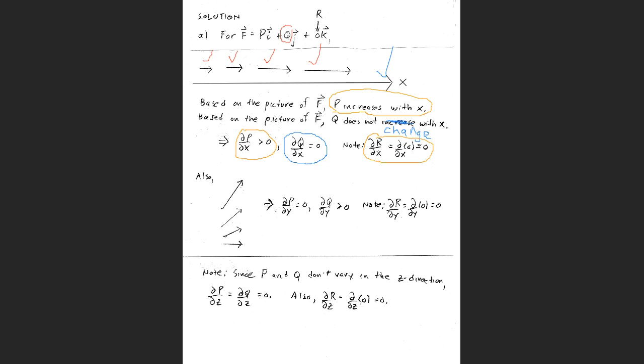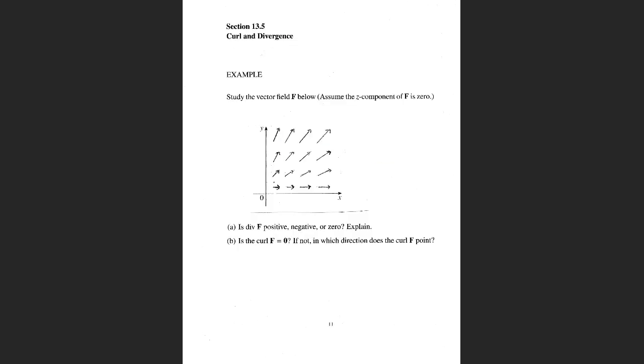Okay, and I want to comment too that if I go back to the picture here, and I look at, for instance, the second layer of vectors, it's similarly true that the partial derivative of P with respect to x is positive because those vectors are getting longer in the x direction as x increases.